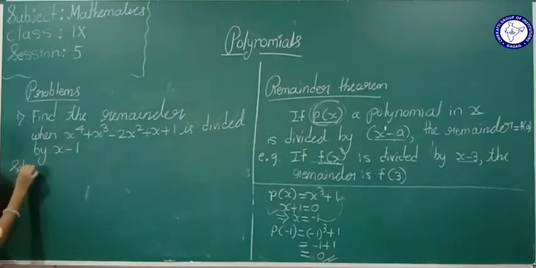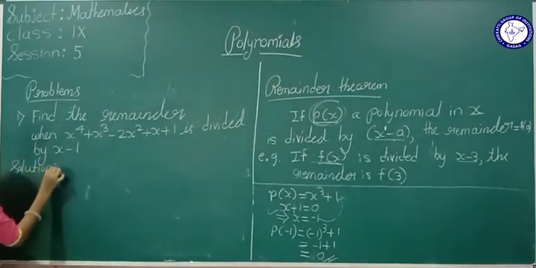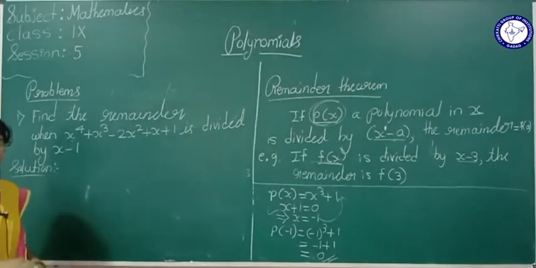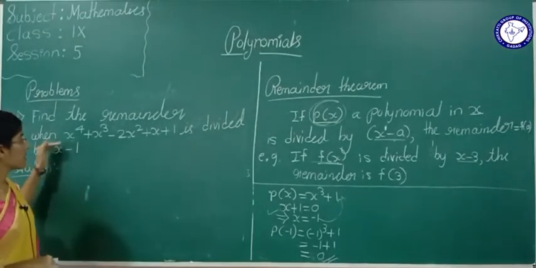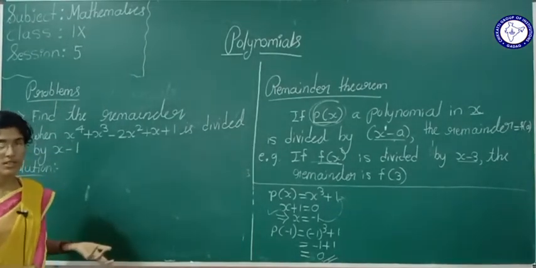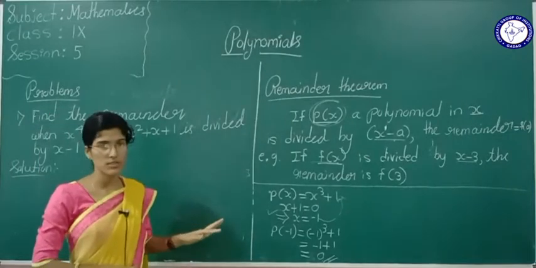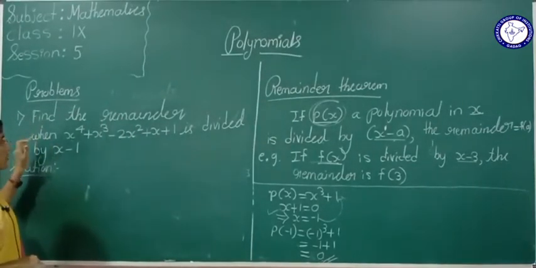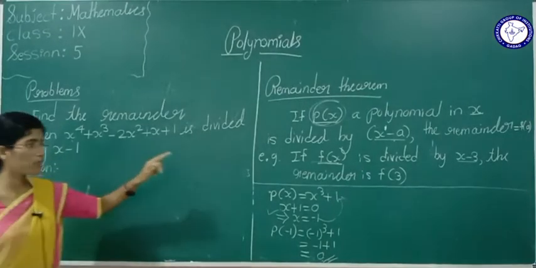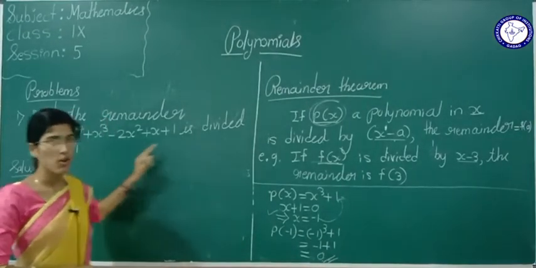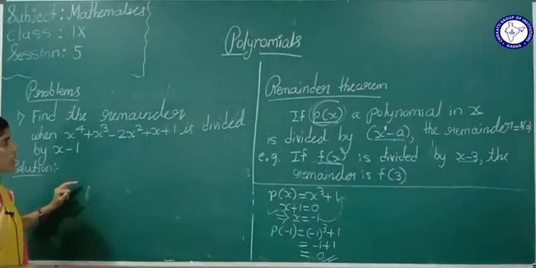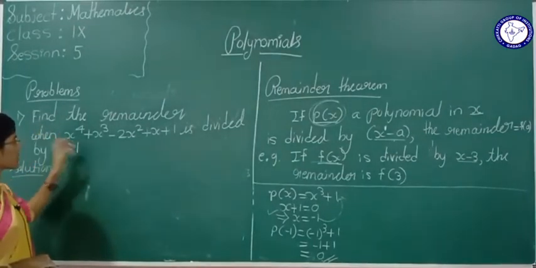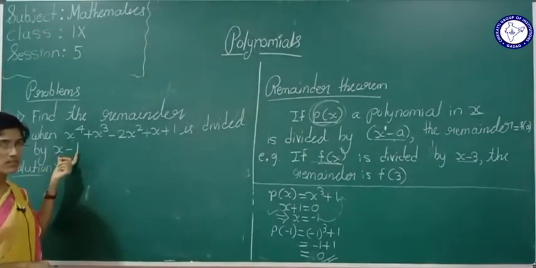Now see here, find the remainder. They told us just to find the remainder. You can go by the long division method also, or the remainder theorem. They are not mentioning anything here. If they mention to find the remainder using the remainder theorem, then you have to go for this method only. They have not mentioned anything here. Now find the remainder when this polynomial is divided by this.